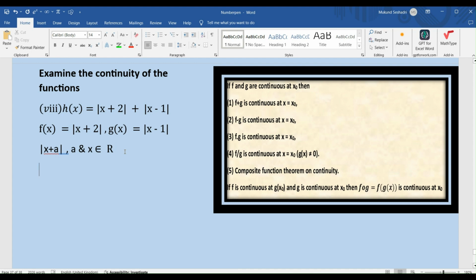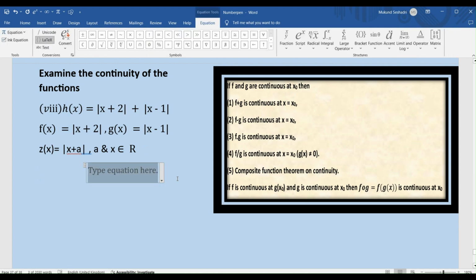Allow me to call it by, say, z of x. We're just picking up a general mod function which is mod of x plus a, and x belongs to R, and let's examine the continuity of this particular function, right? So a is a constant and z is a function that depends on x, right? So how do I rewrite this particular function?